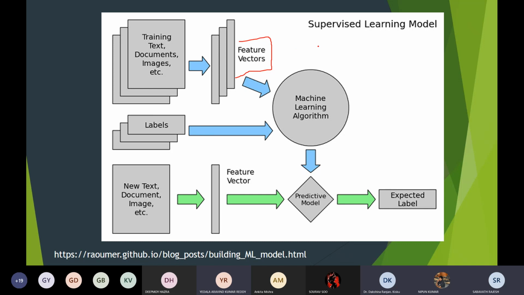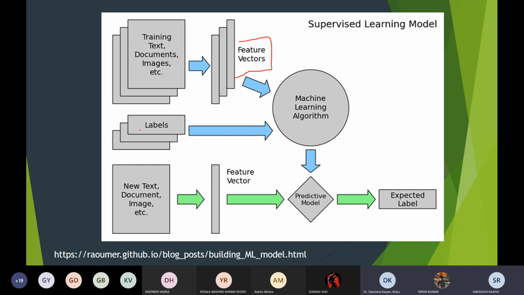From this feature space, if we have some available learning model, then we can model these feature vectors into a training system or training examples. These training examples will be used to model the system, which is called the supervised learning model.